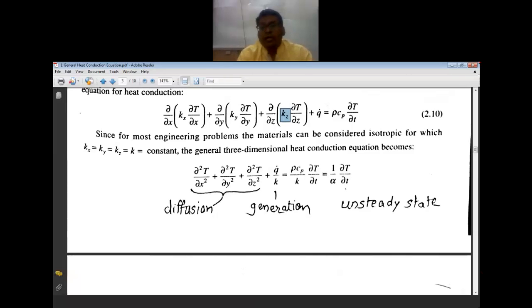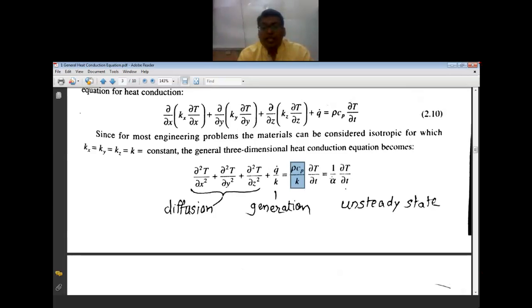Since in most engineering problems the material is the same, or isotropic, that means the thermal conductivities in all the three directions are taken as the constant K. So I can neglect Kx, Ky and Kz and write them as K, and here I have adjusted this K divided by this K divided by this K. Now the term rho Cp upon K is nothing but one upon alpha.